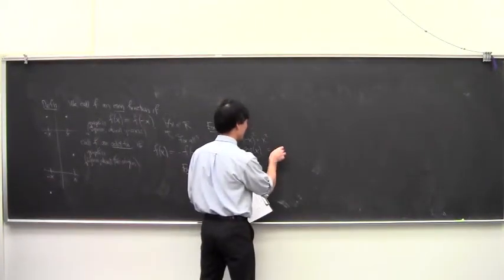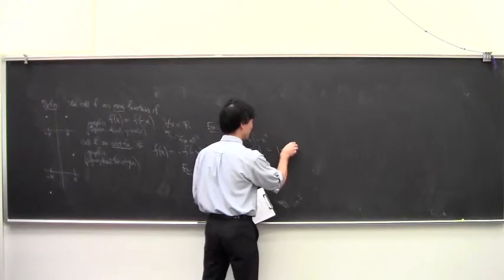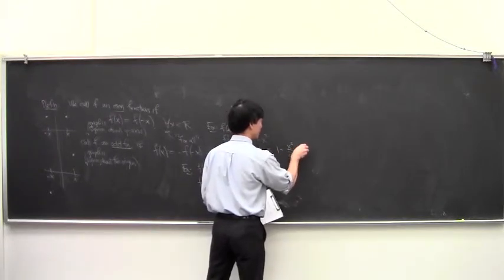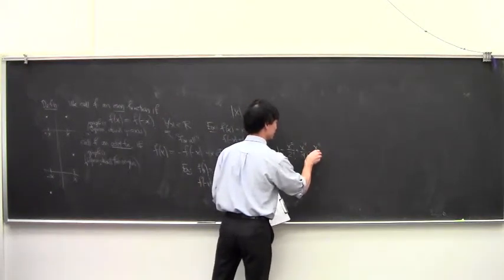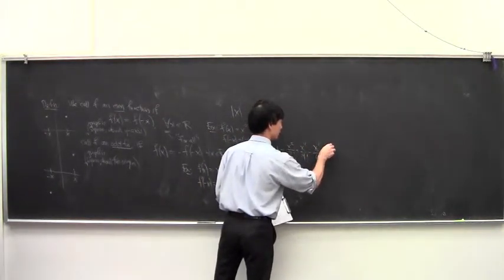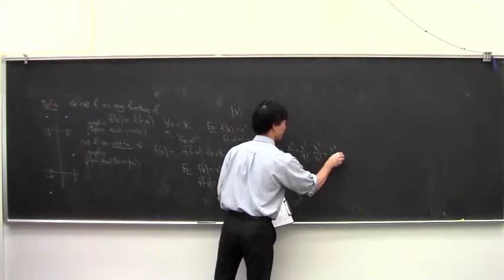Cosine, for example, turns out to be 1 minus x squared over 2 factorial plus x to the 4th over 4 factorial minus x to the 6th over 6 factorial plus x to the 8th over 8 factorial minus et cetera.